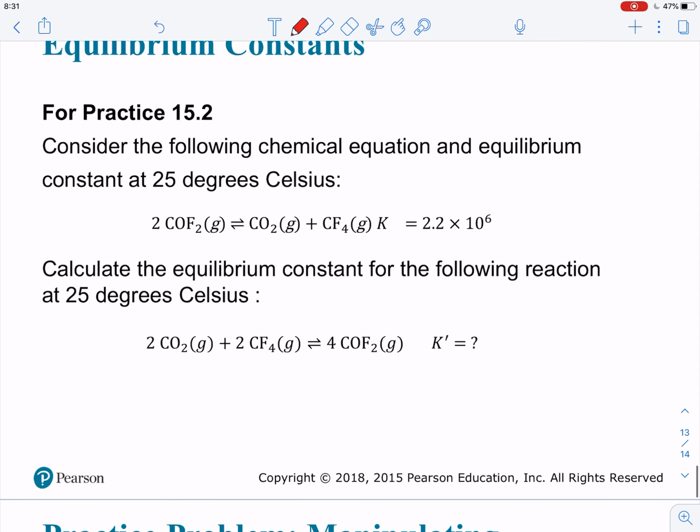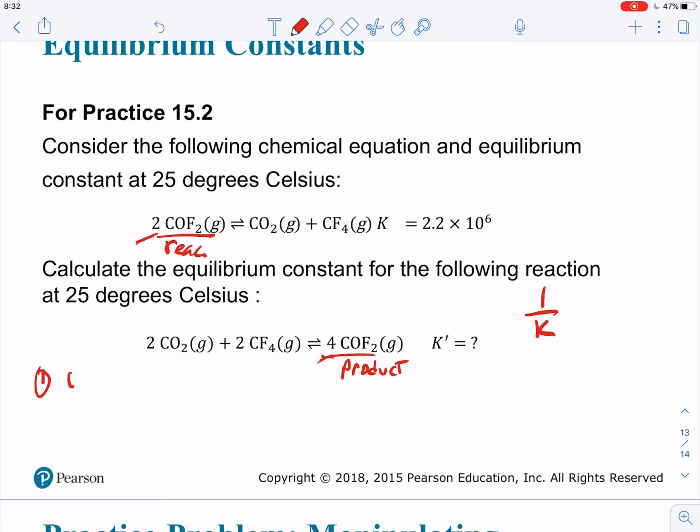Now in this case, this is probably a little easier. In this particular case, you have the reaction, and what are you doing to this reaction? Here you have COF2 as a reactant, and then you have it here as a product. So you already know that you have 1 over K somewhere, and then here you have 2 moles, and now you have 4.